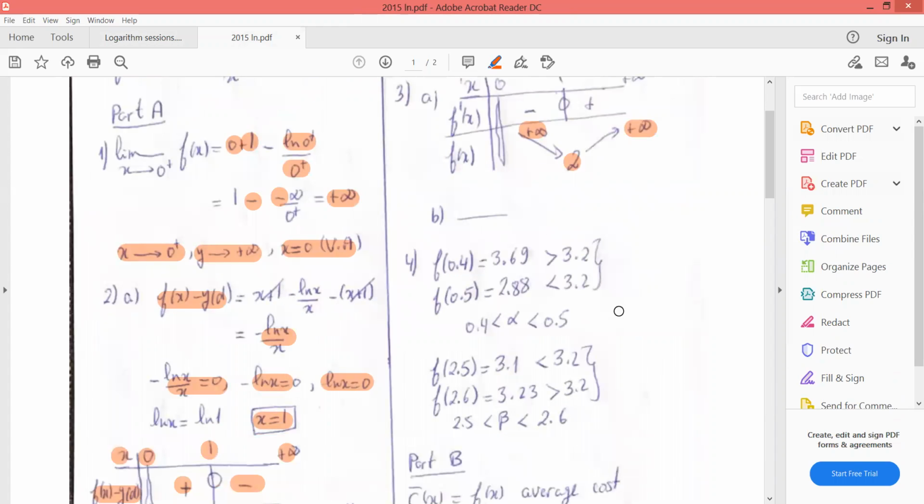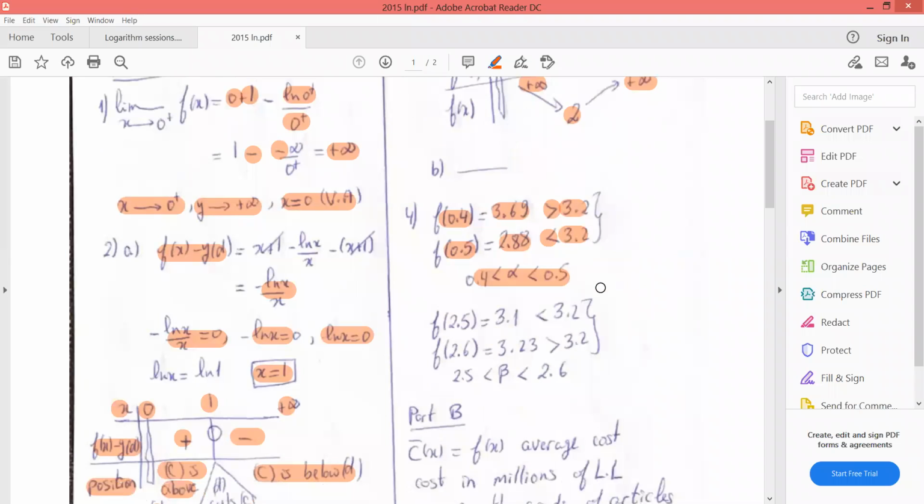So f of 0.4 is 3.69, which is greater than 3.2. f of 0.5 is 2.88, which is less than 3.2. Then alpha is between 0.4 and 0.5.